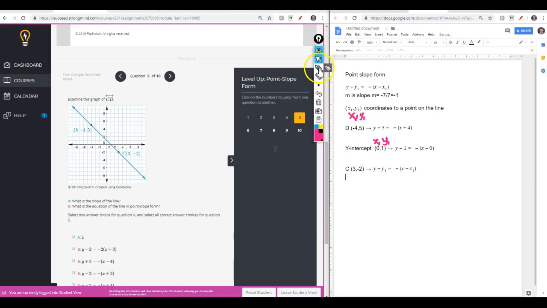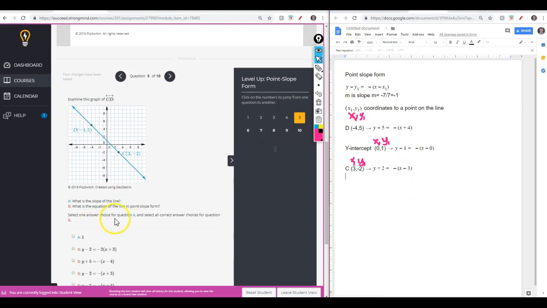Now for this last one, again 3 is our x-coordinate, so that's representing x1, and -2 is our y-coordinate, so that's representing y1. So y1 we replace with -2. Y minus a -2 again can be simplified by writing y plus 2. And x1 is our x-coordinate, which is 3, so that's going to be replaced by 3. So that is that equation.